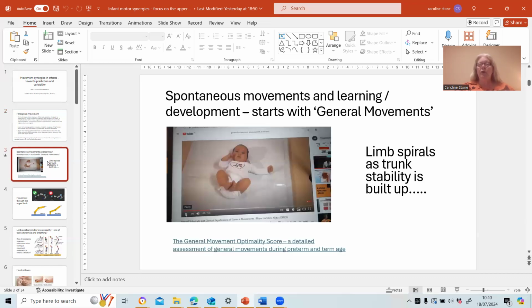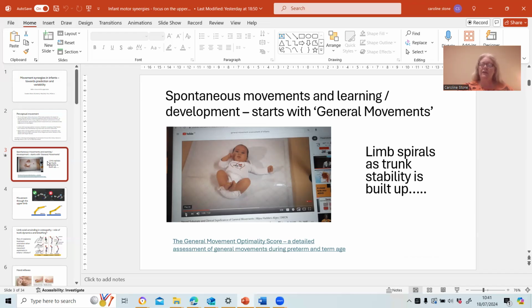An infant will start with what are called spontaneous movements, which are not volitionally organized in the first instance. These general movements, as they've been called, will begin in utero and continue afterwards.